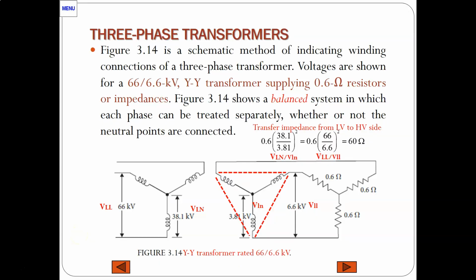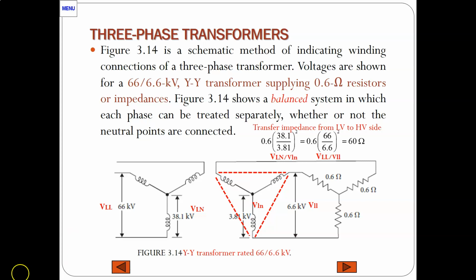Here you can see a schematic method of indicating winding connections of a three-phase transformer. The voltages here are shown for a 66 to 6.6 kilovolt YY transformer supplying 0.6 ohm resistor impedances. It shows a balanced system in which each phase can be treated separately, whether or not the neutral points are connected.